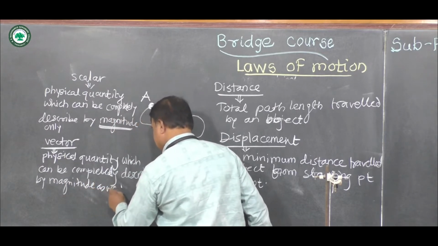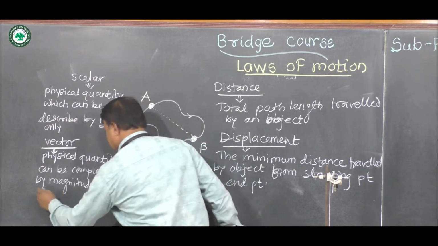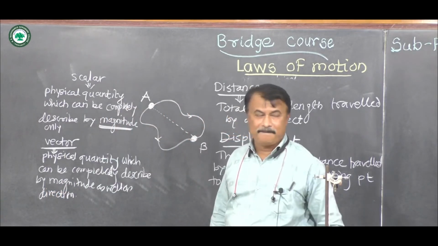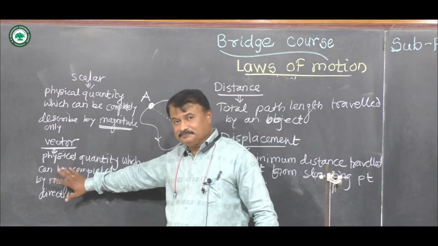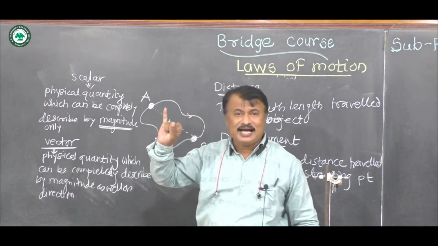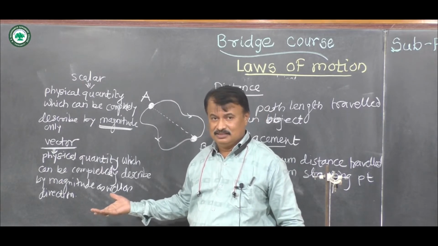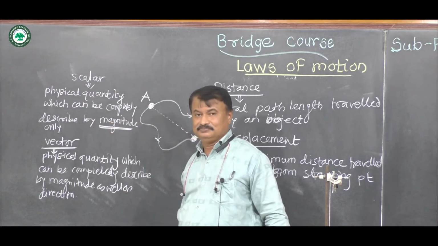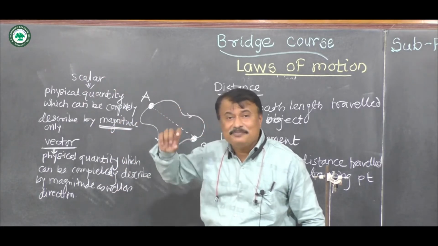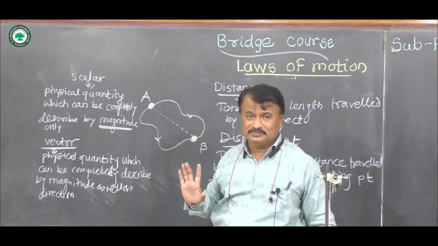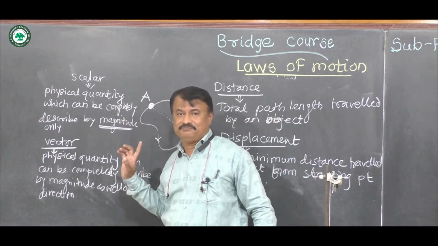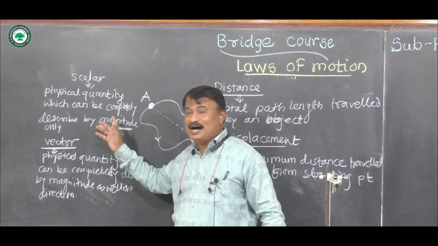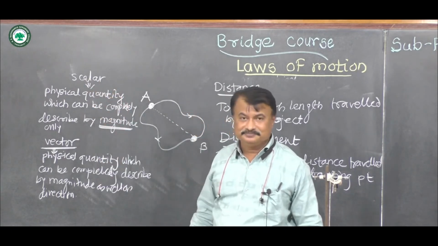Such a physical quantity is called a vector. So remember, for a vector we require magnitude and also direction, and for a scalar we only require magnitude. It means for the measurement of 1 kilo of sugar, there is no requirement of direction, and that's why kilogram means mass. Mass is a scalar quantity.